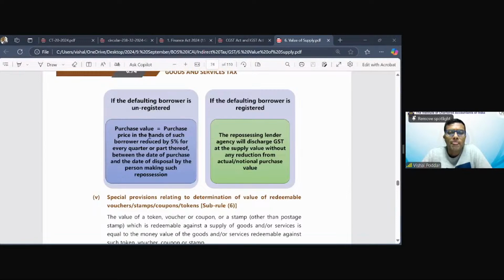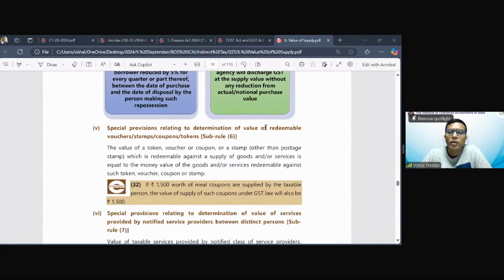Now, special provisions relating to determination of value of redeemable vouchers, stamps, coupons, tokens. What are these redeemable coupons, vouchers? Let us say you are given a coupon voucher against which you can get something free.